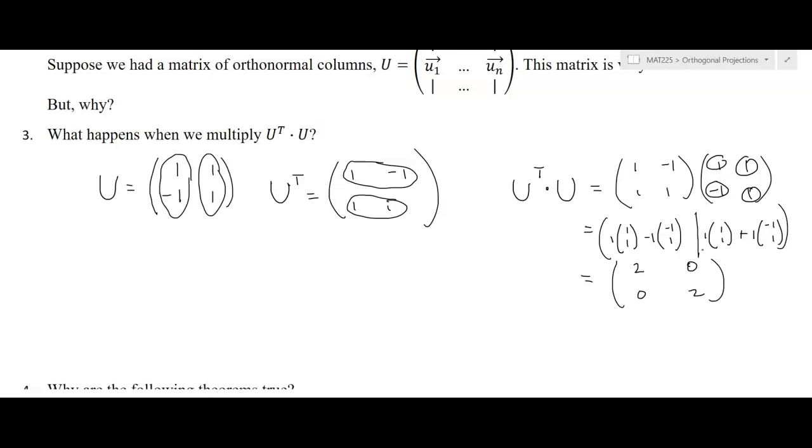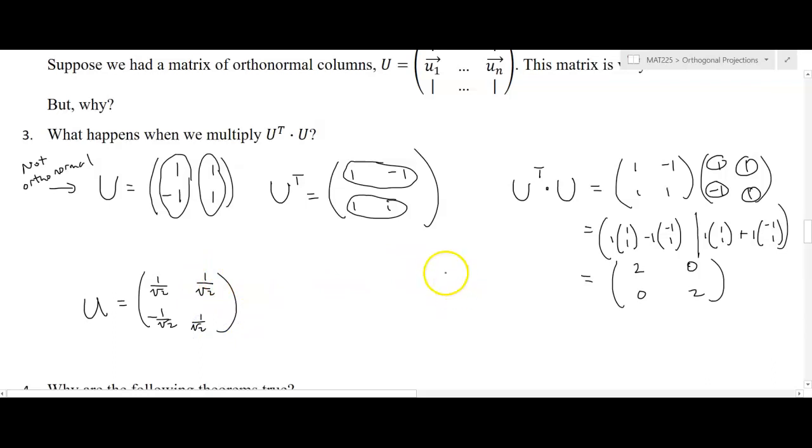So let's say that these are not orthonormal, but they are orthogonal. To make them orthonormal, I divide both of them by their lengths, and the length of each of these vectors is the square root of 2. So I take 1 over root 2 and 1 over root 2, and -1 over root 2 and 1 over root 2 here, and multiply that by the transpose.